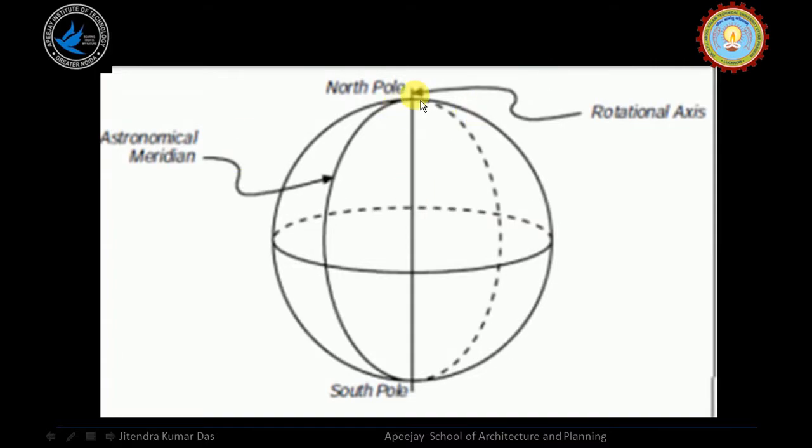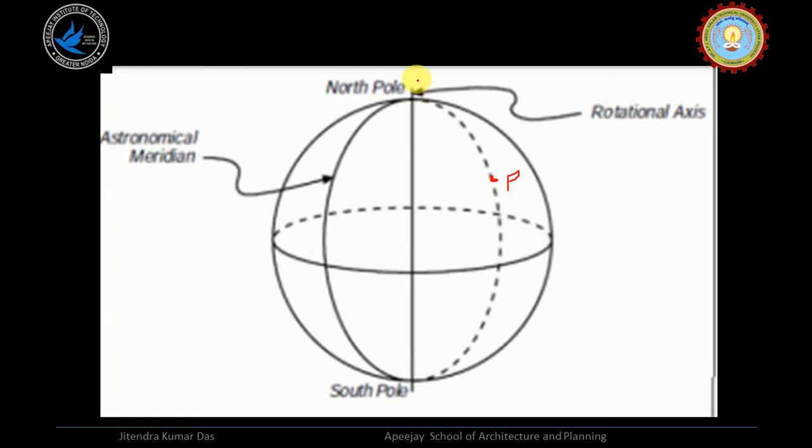First is the true meridian or geographic meridian. It is an imaginary plane. Suppose at point P on the earth we would like to know the true meridian or geographic meridian.